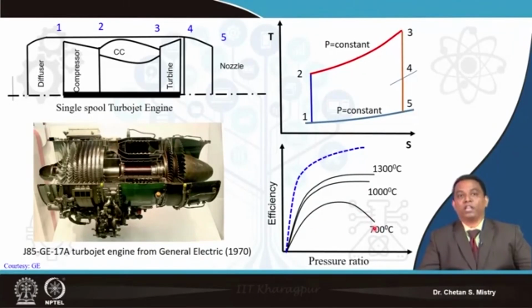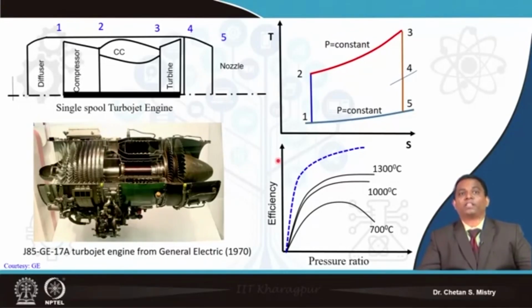Over the years, in order to meet higher thermal efficiency, people have increased the turbine entry temperature, ranging from 700 to 1300. The blue line represents the maximum turbine entry temperature, which as of today has reached approximately 2000 K to 2200 K. So the expectation of pressure ratio and efficiency demands a special kind of application for aero engines.